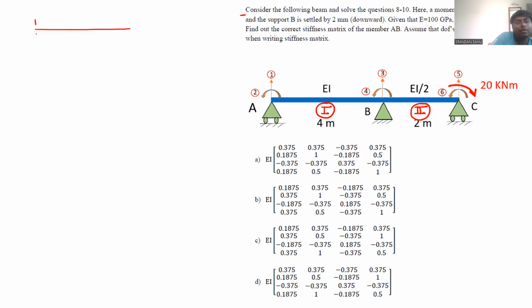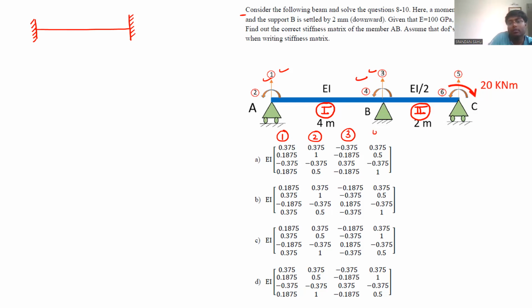For AB, first you have to lock all the coordinates, then apply them individually. There are 4 coordinates: 1, 2, 3, 4. So we have to release one at a time. The coordinates are arranged in ascending order only.